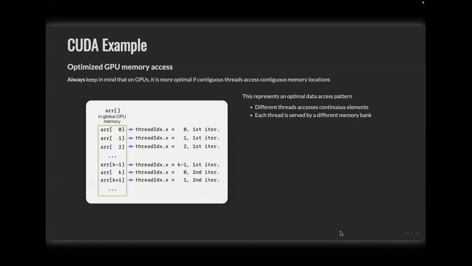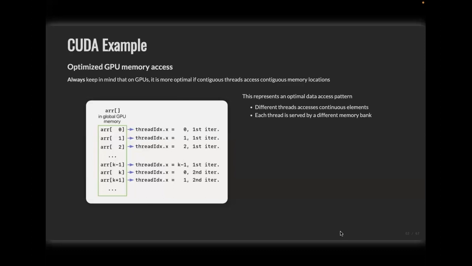So if thread 0 takes byte 0, then you want thread 1 to take byte 1. That's where the efficiency is, because of the way the GPU memory is banked. So we're going to do that.